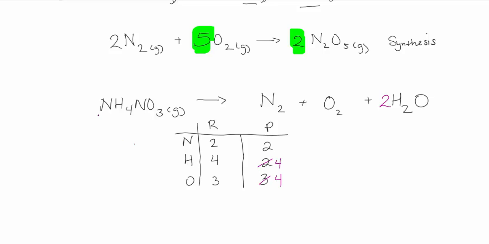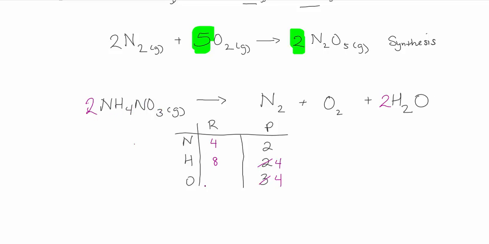So I need to change this into an even number. So if I start by putting a 2 here, and then my reactant side, then I have 4, 8, and 6.